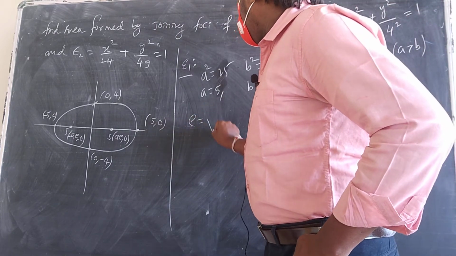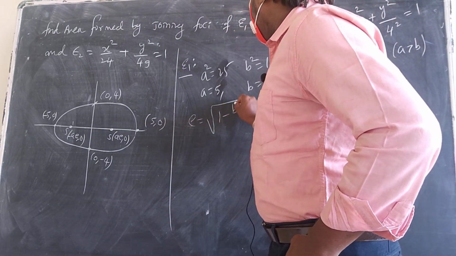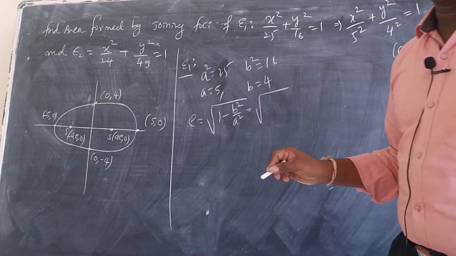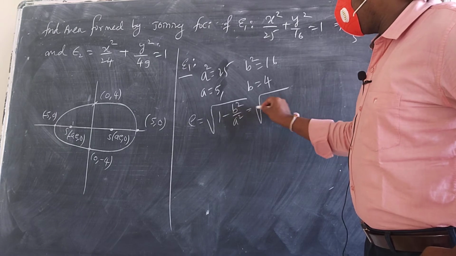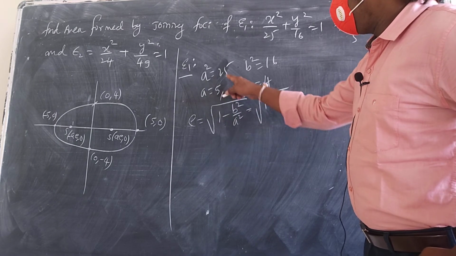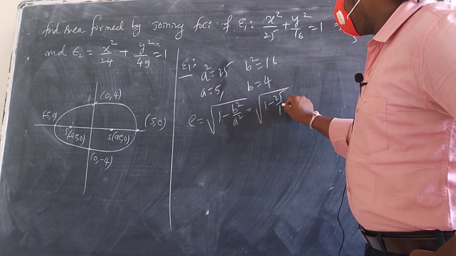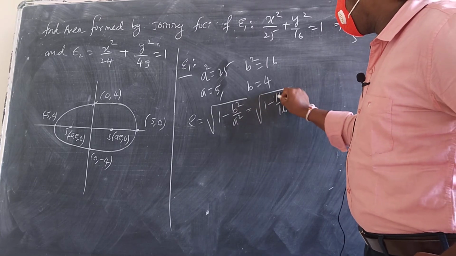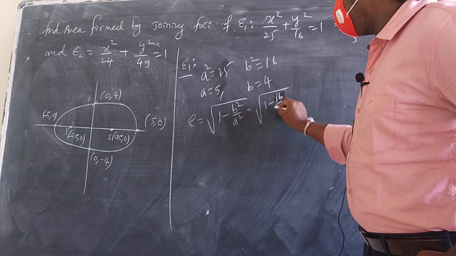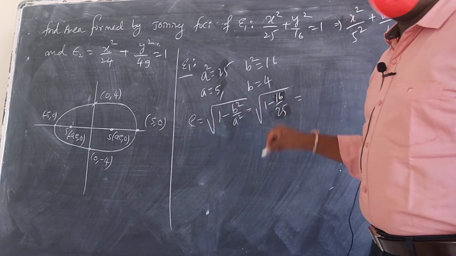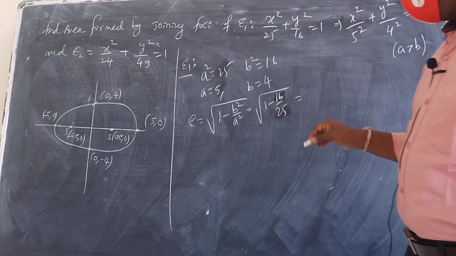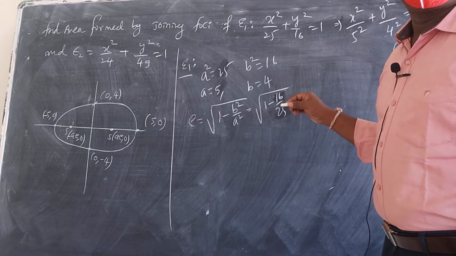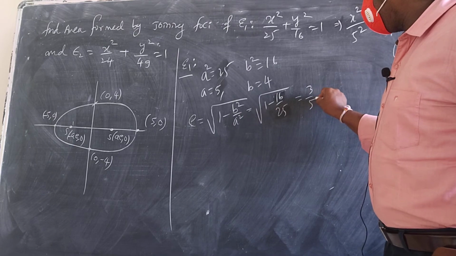Under root of 1 minus b square by a square. So only b square is required, a is not required. So eccentricity e is equal to what here? 1 minus 16 by 25, right? I told you, smaller by bigger. So how much do you get? 9 by 25, that is 3 by 5. So eccentricity is 3 by 5.